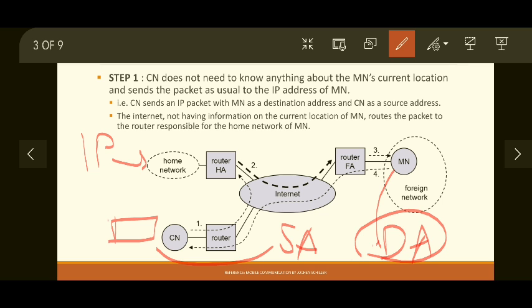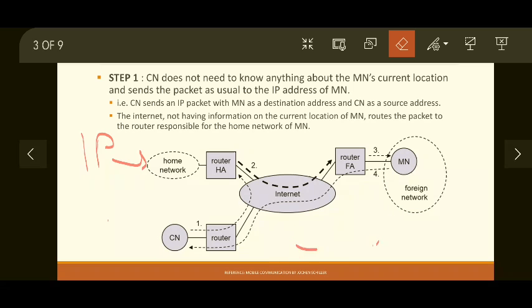From the destination address mentioned in the packet, the internet forwards that packet to the home agent of the home network. How does the internet find out? The internet finds out the address of the mobile node from the destination address mentioned in the packet. Now that destination address is an IP address of the mobile node in this home network. So this is our first step, forwarding the packet to the home agent.